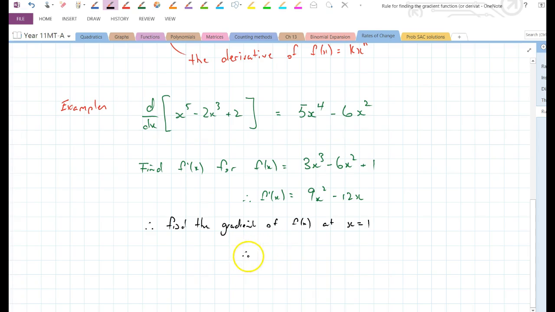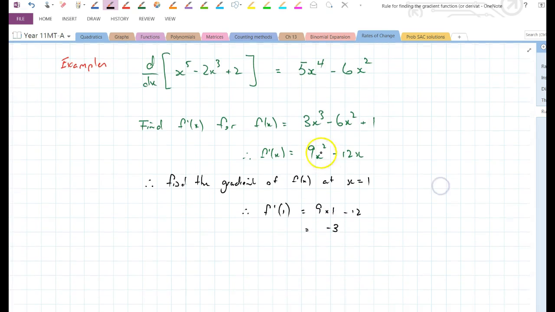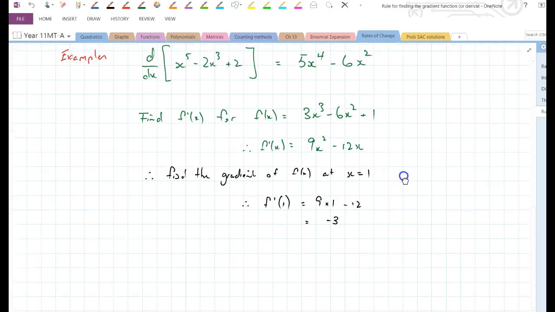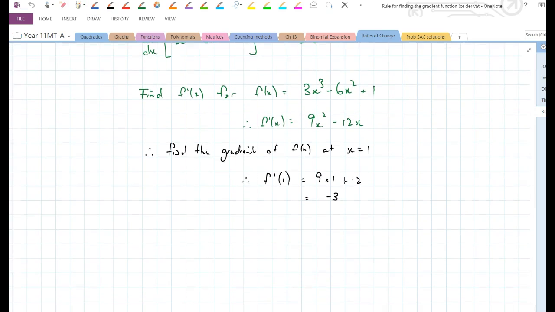So we'd say, okay, well the gradient function is f dash, so f dash 1, I'll put 1 in here, 9 times 1 minus 12, which is equal to minus 3. So there's the gradient at x equals 1 on this function here, using the gradient function. Excellent.